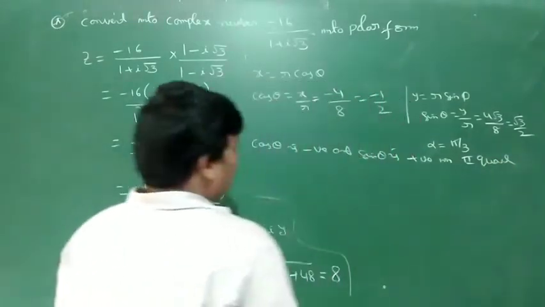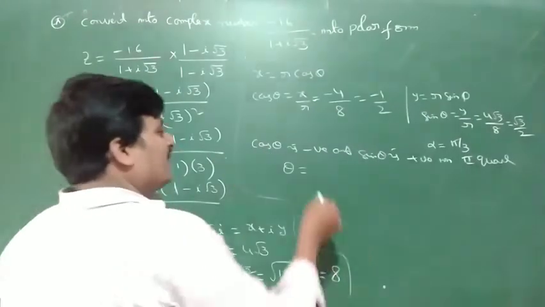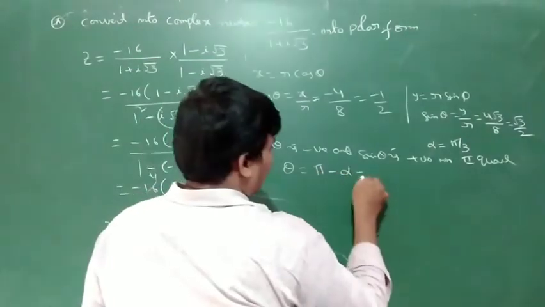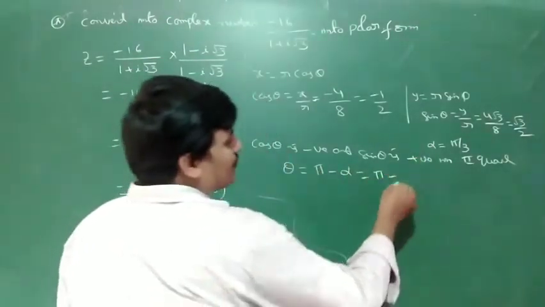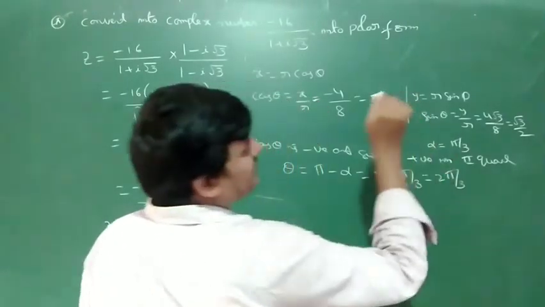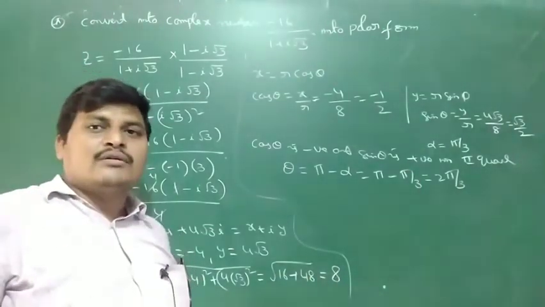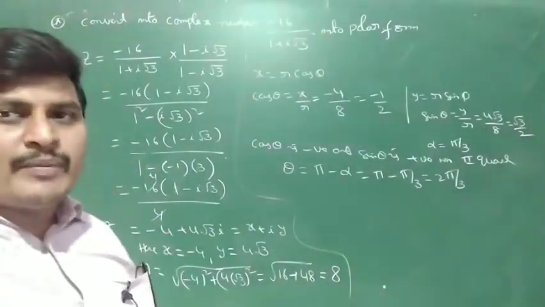In the second quadrant theta is pi minus alpha. Pi minus pi by 3 is equal to 2 pi by 3. In the third quadrant it is pi plus alpha.